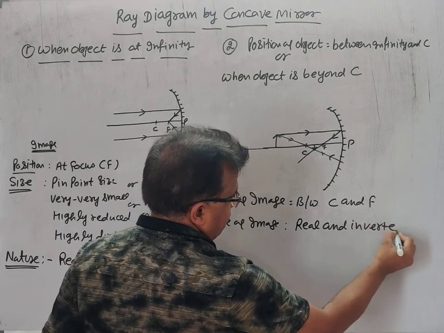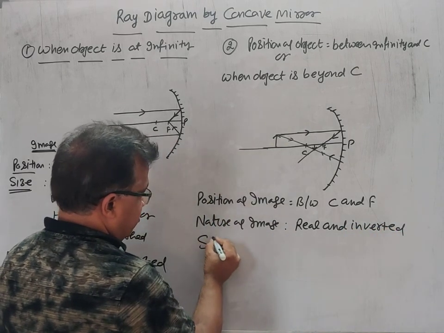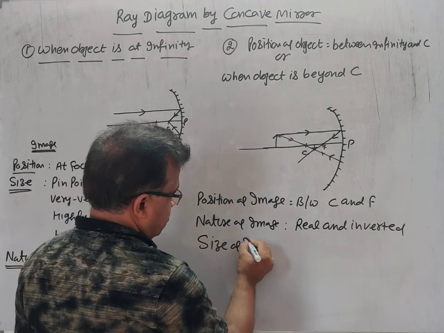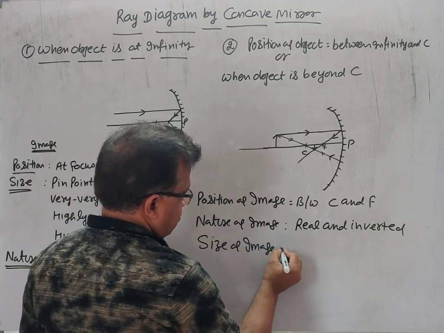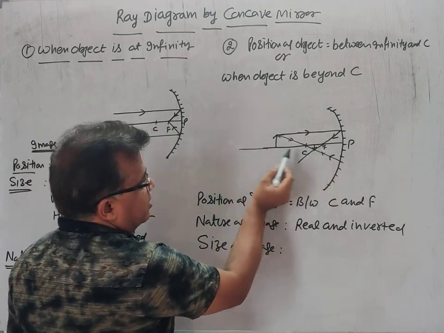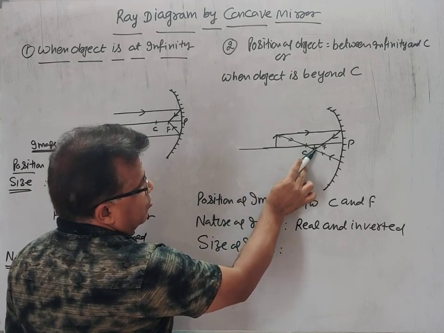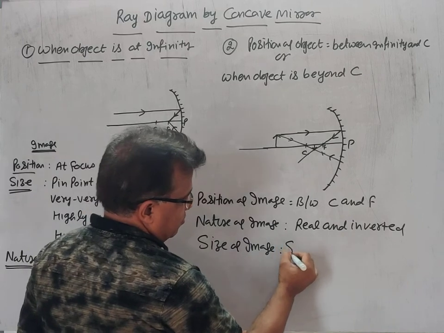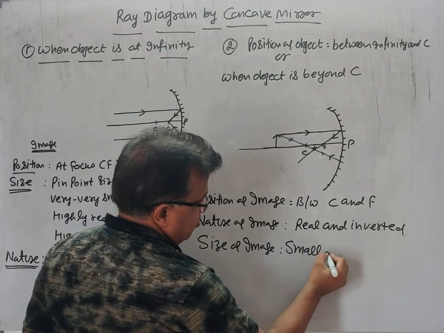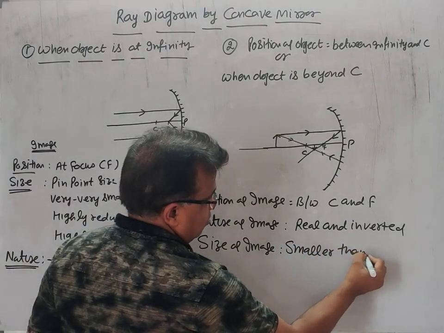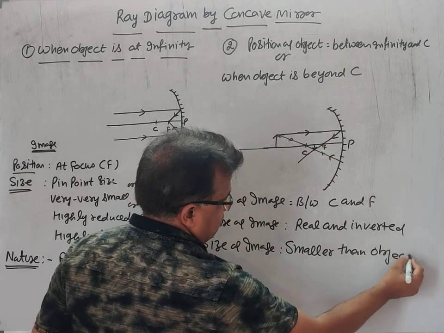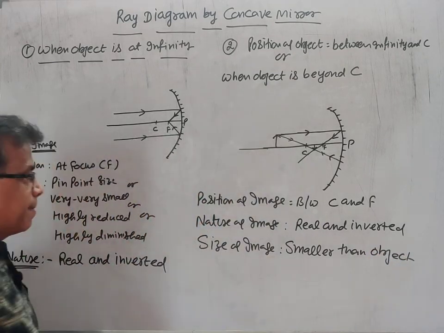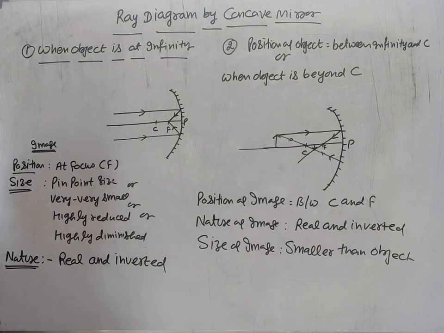Now what is the size of the image? We are observing that the size of the image is smaller than the object, so it is smaller than the object. This is the size of the image.